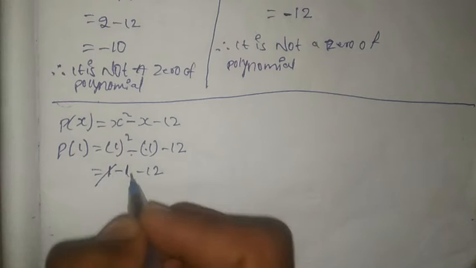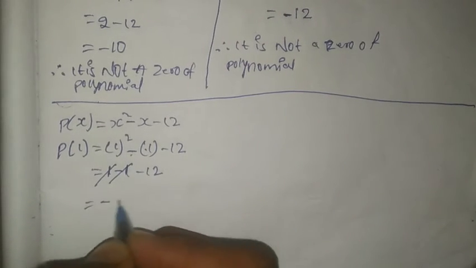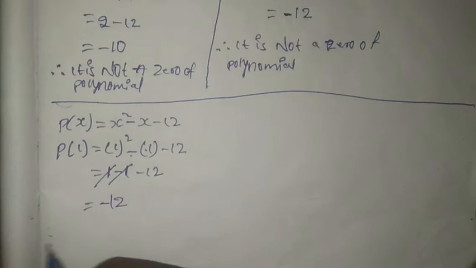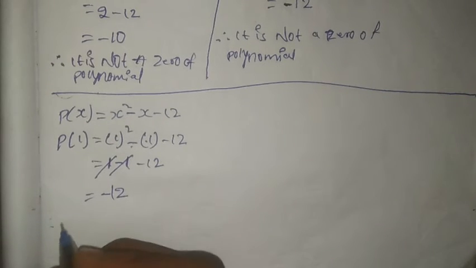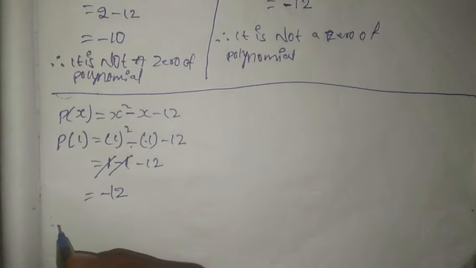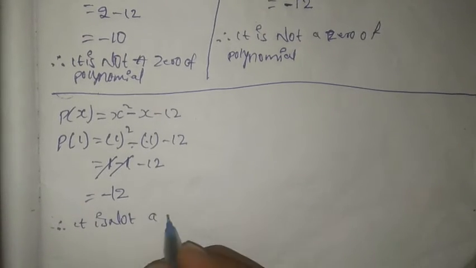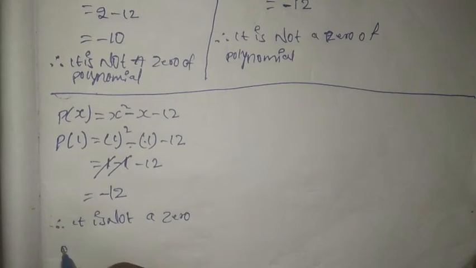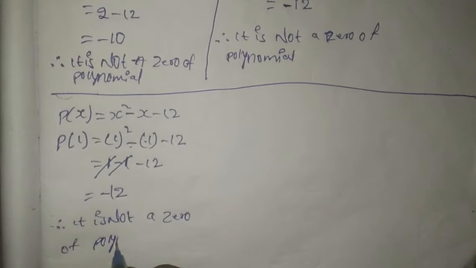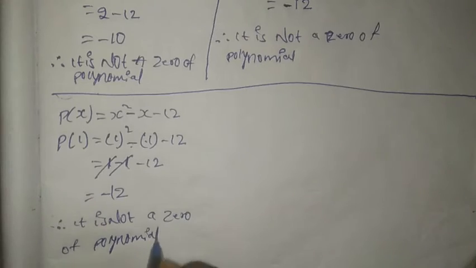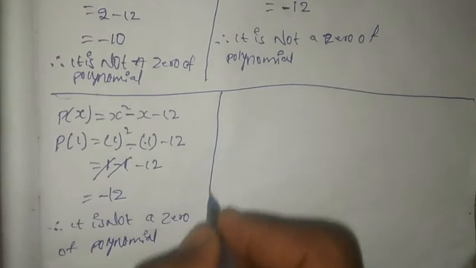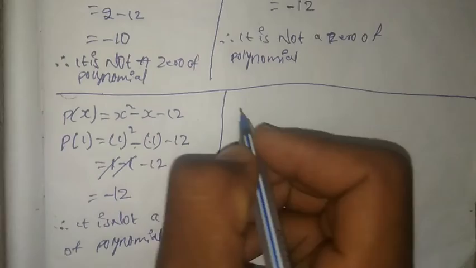So plus 1 minus 1 cancel, so 12 is remaining, minus 12. Therefore it is not a zero of the polynomial. Okay, clear.